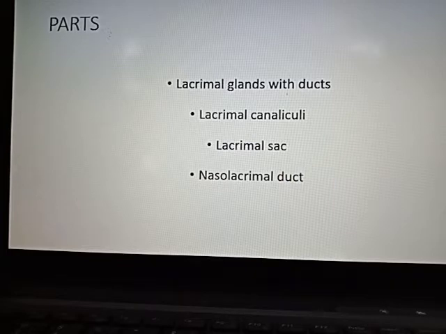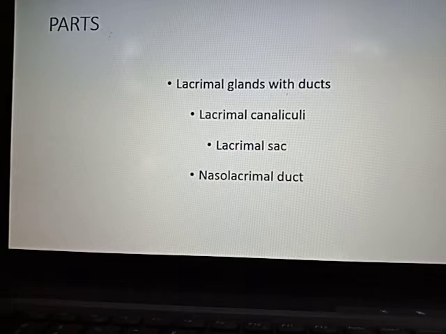The lacrimal apparatus consists of the lacrimal gland with its duct, lacrimal canaliculi, lacrimal sac, and the nasolacrimal duct.